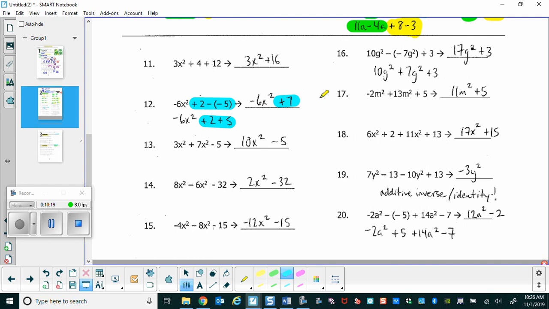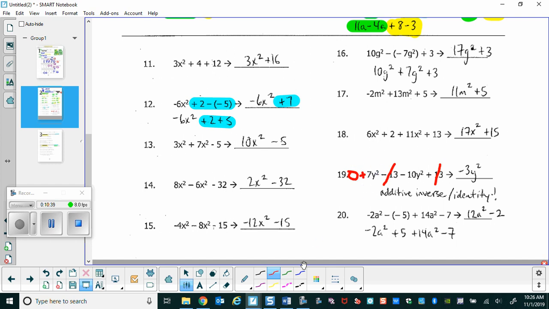Another thing that I wanted to point out is that in number 19, you might have realized that we have a -13 and a +13, and the inverse property says that that's going to be a 0. And if that's a 0, the identity property says that I don't have to write that and it would cancel out.